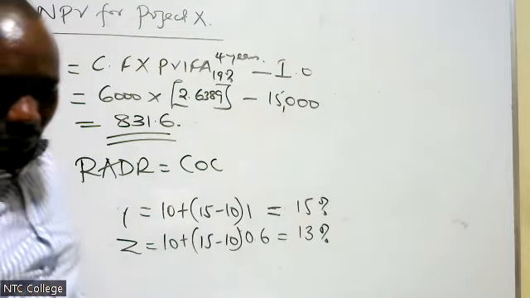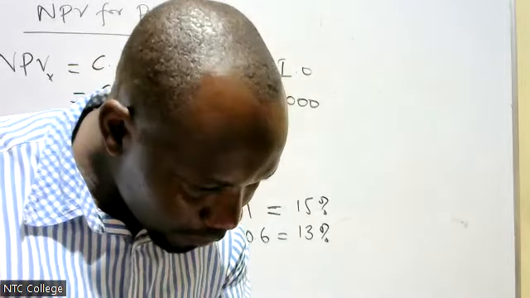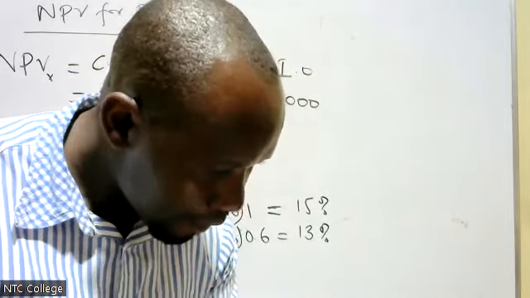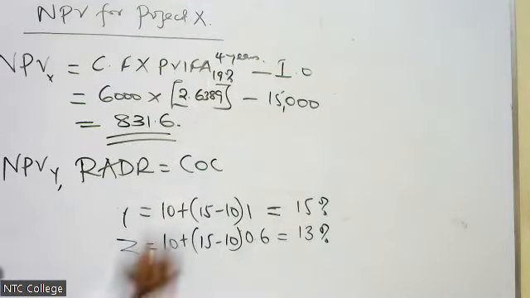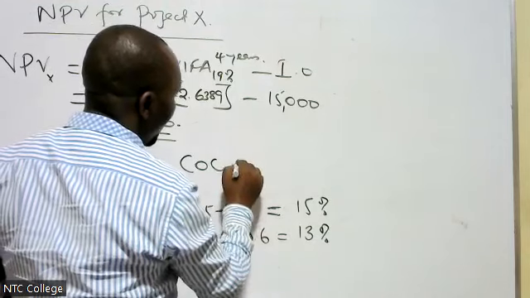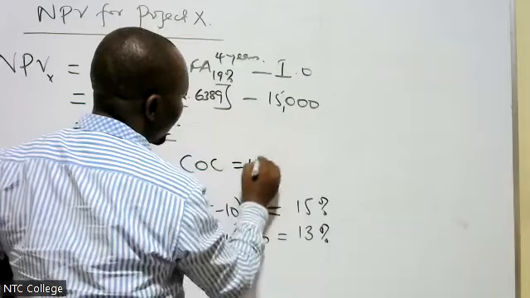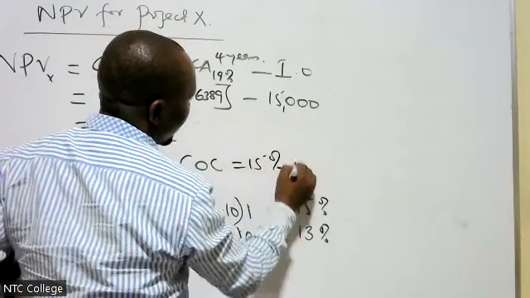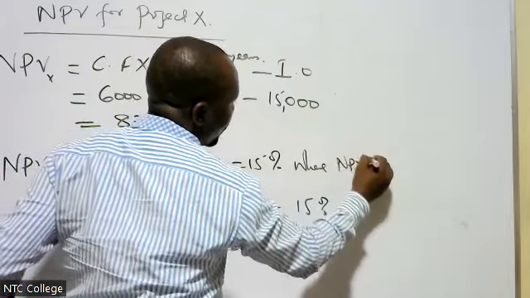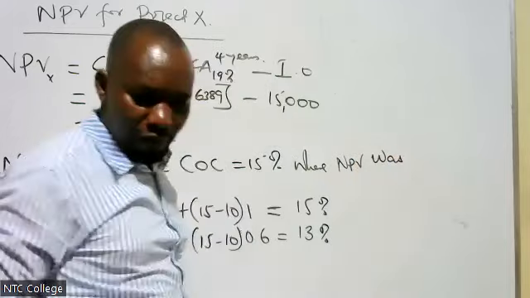The cost of capital that we used previously was how much? What was the cost of capital that was previously used? 15% still. The same as the cost of capital, which is 15%, where NPV was, what did we get as NPV?